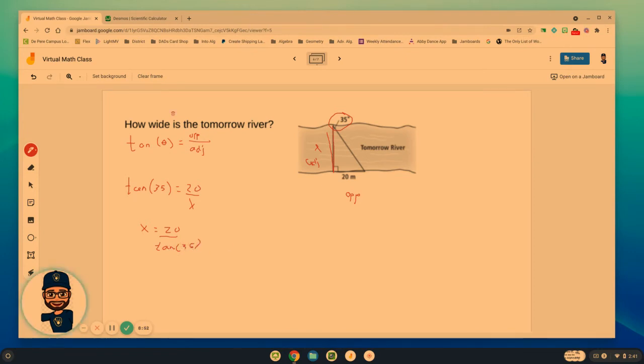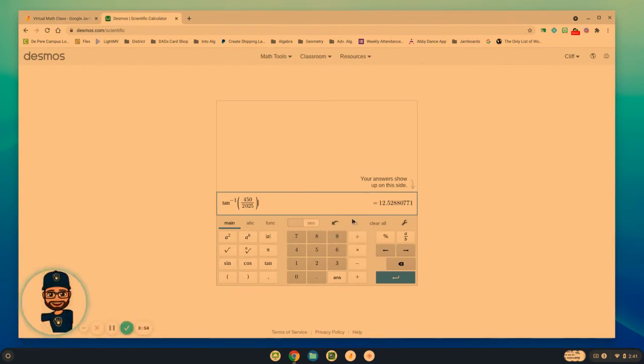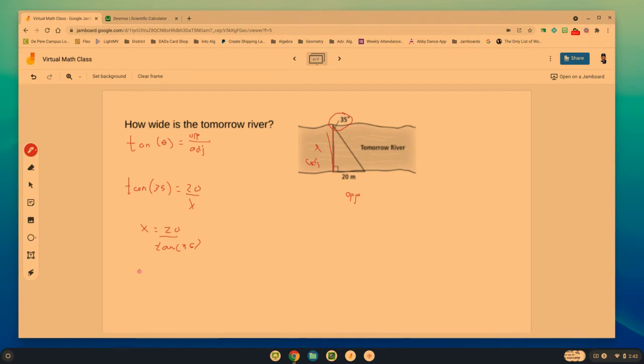So 20 over the tangent of 35 gives us a measurement of 28.6. X would equal 28.6, in this case, meters. That's our measurement. So the width of the river would be 28.6.